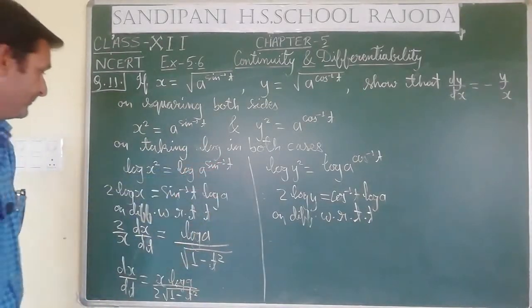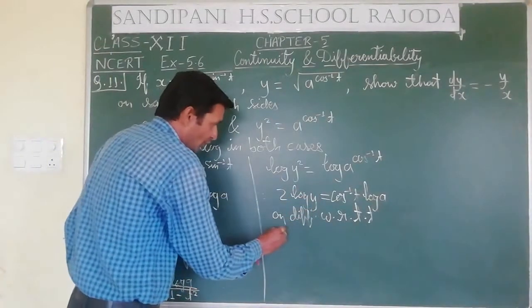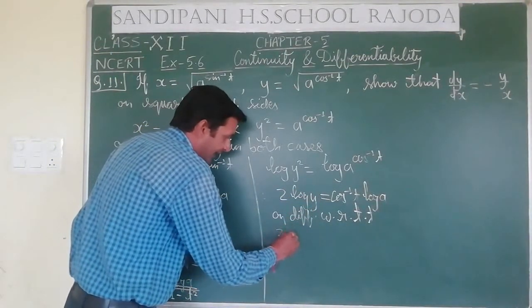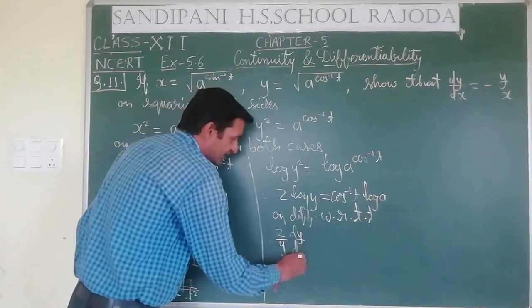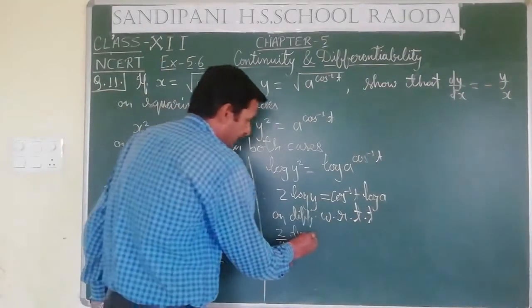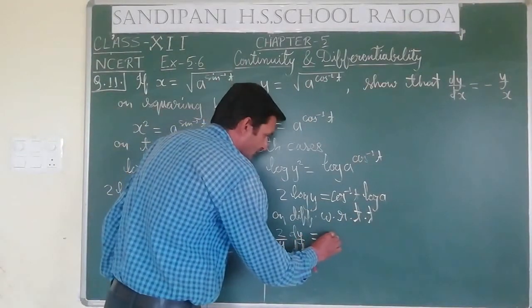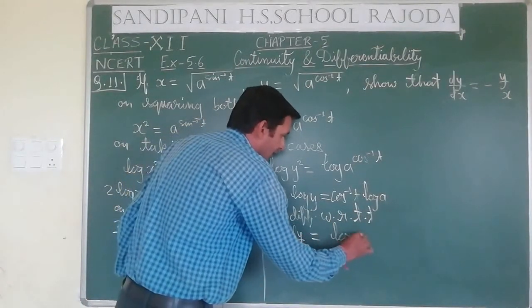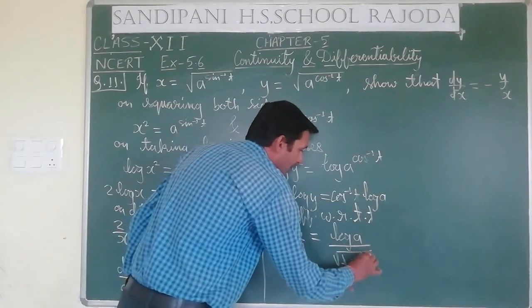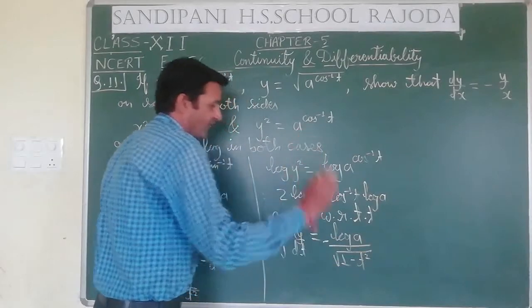Now see here, on differentiating with respect to t, it will become 2 upon y, and then dy by dt, similarly as we have done in case of dx by dt, and here this will become log a upon root 1 minus t square, but here it is minus. Why is it so?